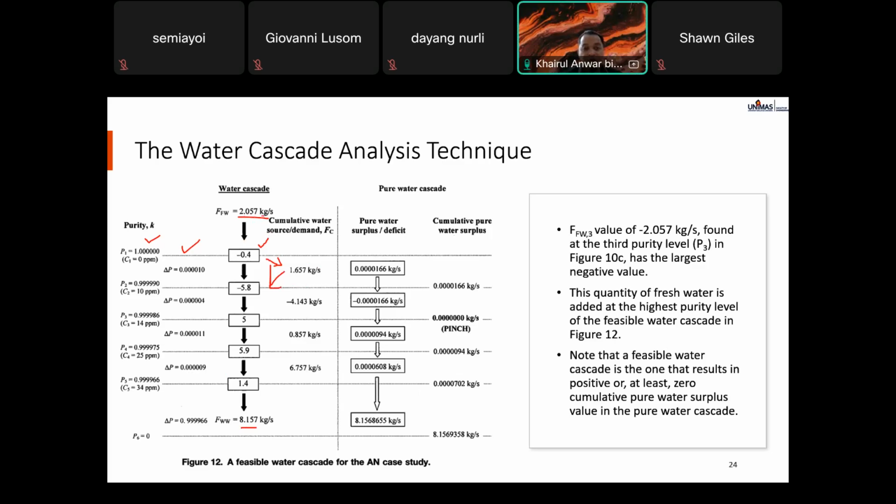So 2.057 minus 0.4, then we get this value. 1.657 minus 5.8, or plus negative 5.8.